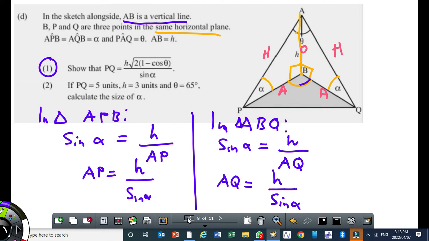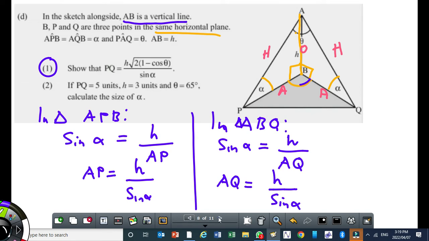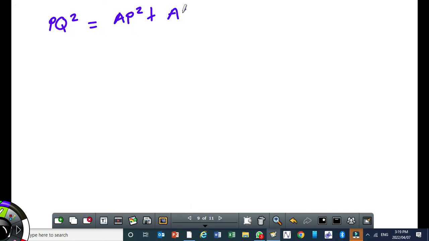I know those lengths, right? And the angle between them is theta. So it's going to be AP squared plus AQ squared minus 2 times AP times AQ times the cosine of theta.